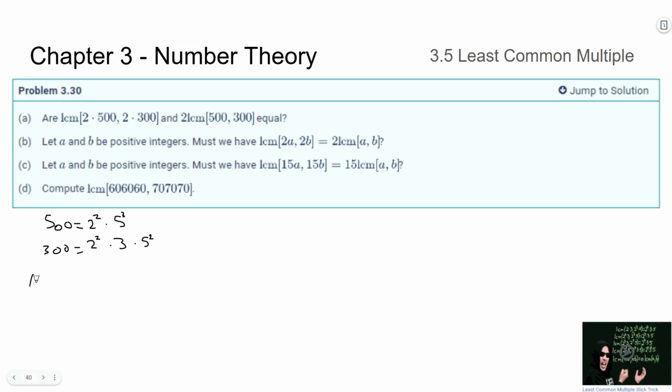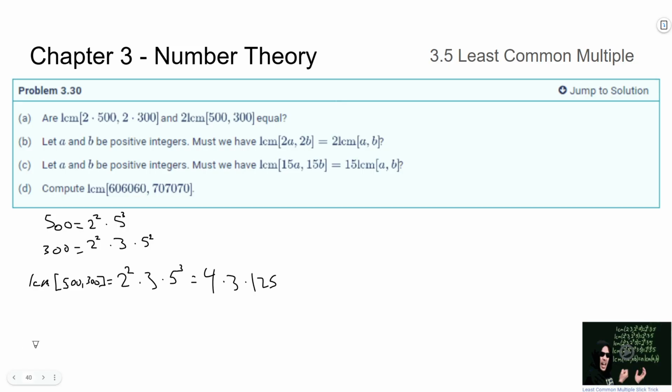So the LCM of 500 and 300 would be equal to, let's see, we have 2 squared, we have a 3, and we have 5 cubed. And that would be 4 times 3 times 125.